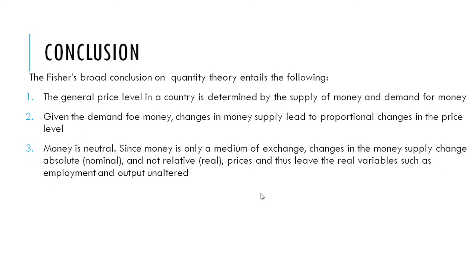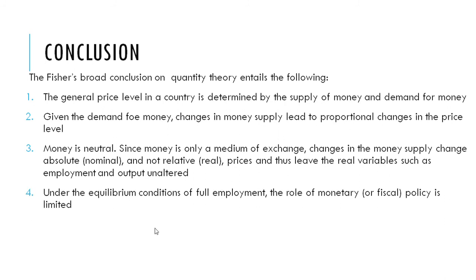Number 3, money is neutral. Since money is only a medium of exchange, changes in the money supply change absolutely nominal and not relative real prices, and thus leave the real variables such as employment and output unaltered. Number 4, under the equilibrium condition of full employment, the role of monetary or fiscal policy is limited.